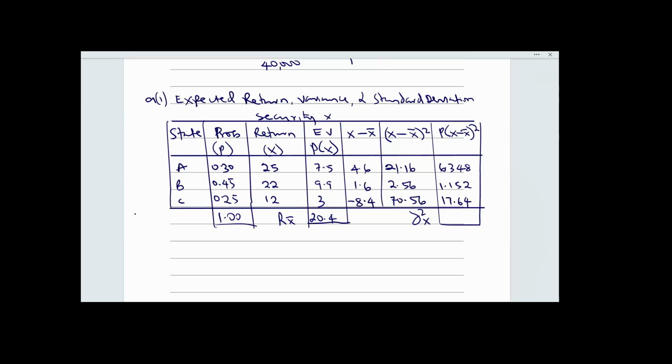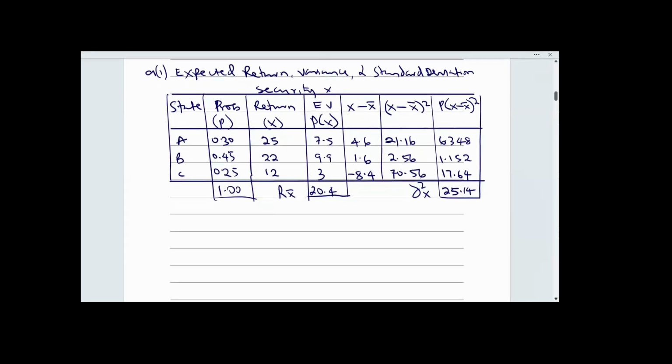17.64. Add up the three. 25.14. So the variance of security X is 25.14. One more thing we need to correct: 0.3 multiplied by 21.16 cannot give you 0.06348, it should be 6.348.